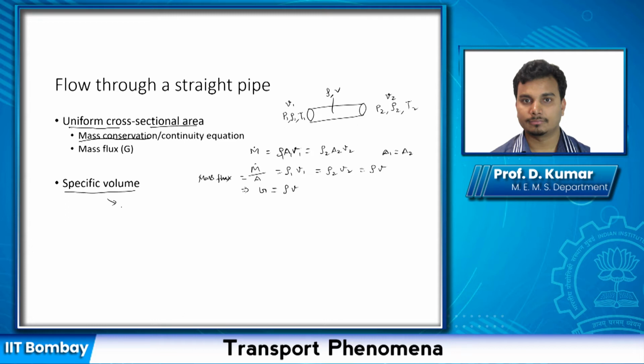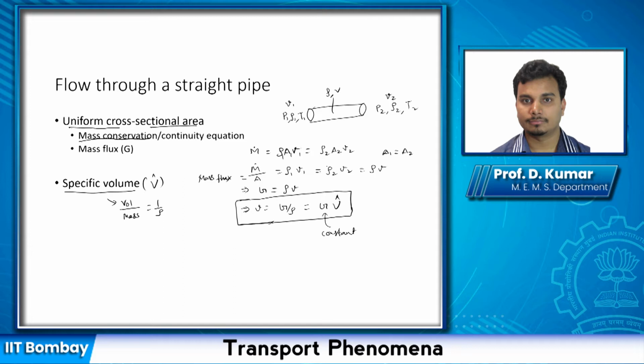Specific volume is nothing but volume per unit mass, so volume by mass. So it is essentially 1 by rho. If you use this here, you can write V as G by rho, or G times the specific volume, which is denoted by V hat. So V hat is your specific volume. This comes from the continuity equation, and we use it. Please note that G is constant because you have constant cross-section area, so G throughout this length is constant.